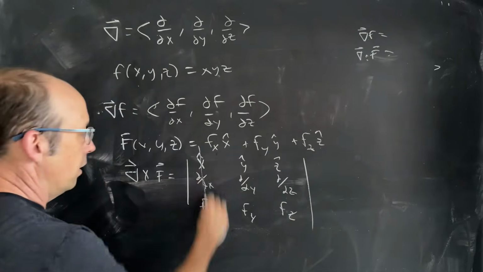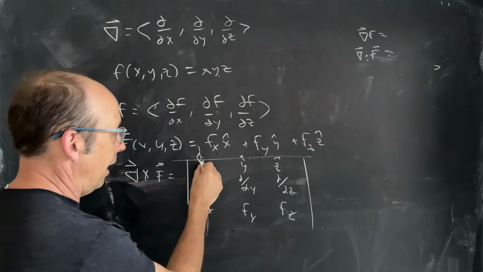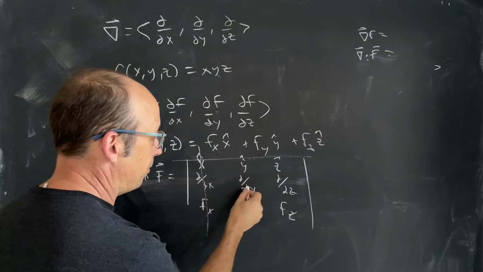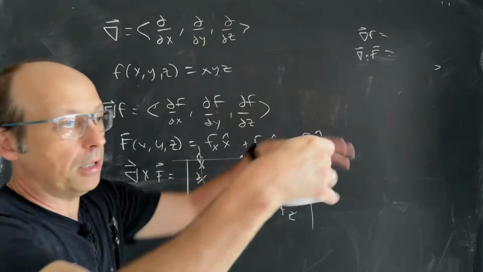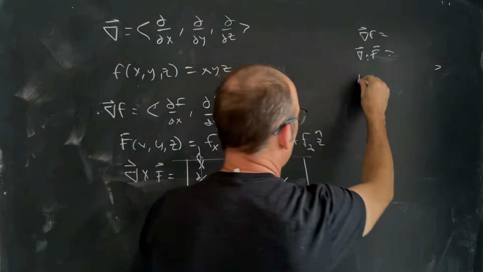And then the determinant would just be, x hat's going to be the partial of fz with respect to y minus the partial of fy with respect to z for the x component, and so on. Okay, so that's the other one.